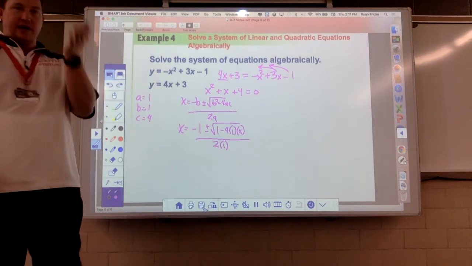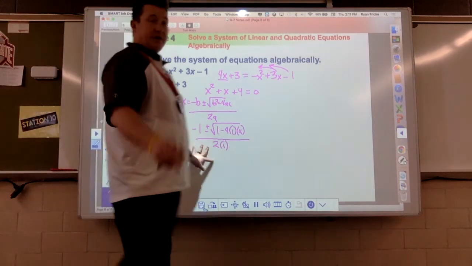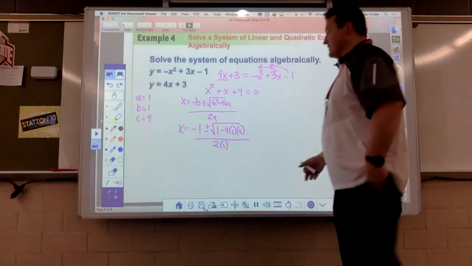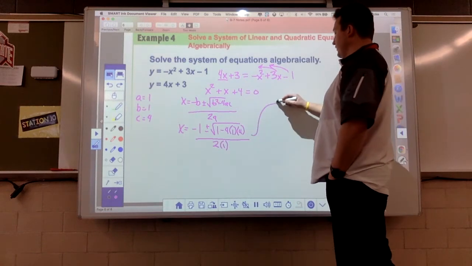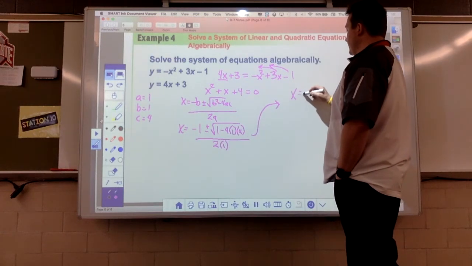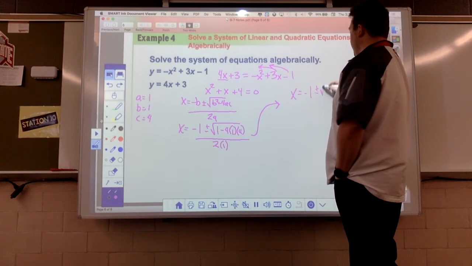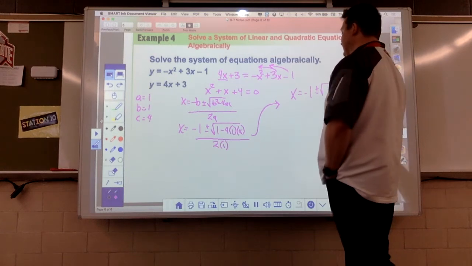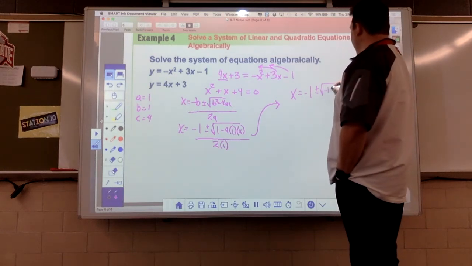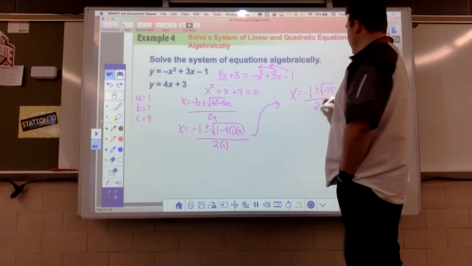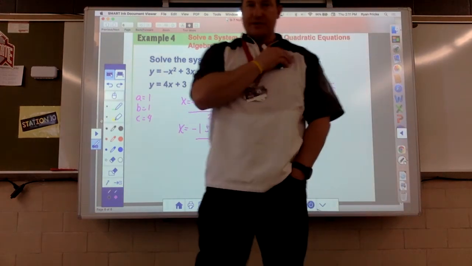Should we even go any further? Maybe, because maybe you don't see it yet. Let's keep simplifying this down. So x equals negative 1 plus or minus the square root of, you guessed it, negative 15, all over 2.